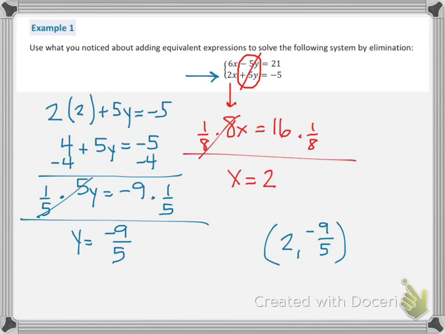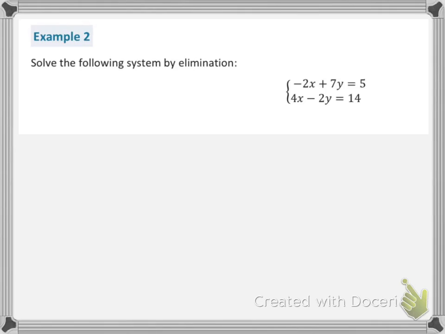All right, let's do another one. I'm going to use elimination again. The x's, if I combine, they don't go away. If I combine the y's, they don't go away. So I need to manipulate one of these equations, and I need an equivalent equation.